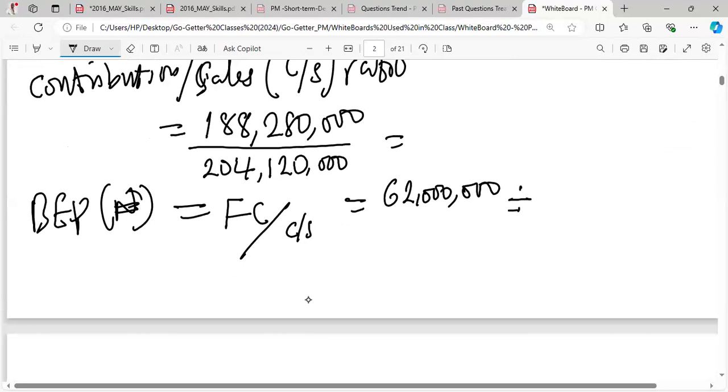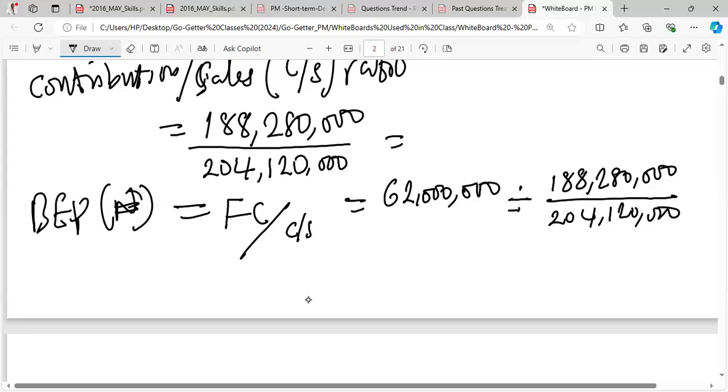When you divide by your CS ratio, this is going to be 188,280 multiplied by 204,120.